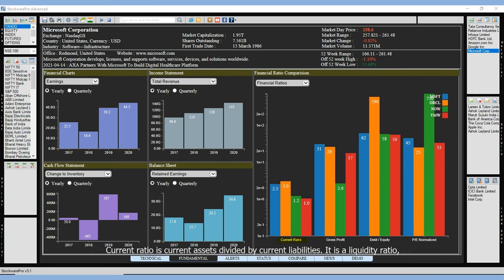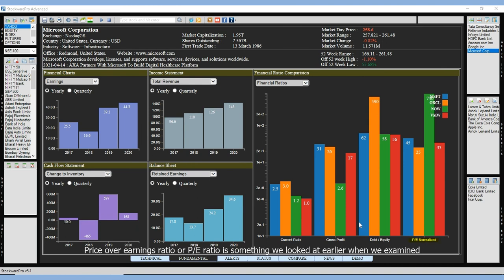Current ratio here is current assets divided by current liabilities. It is a liquidity ratio that measures a company's ability to cover its short-term obligations with its current assets. So a larger value is better.